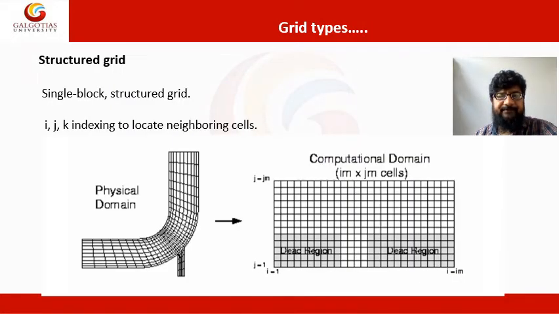Grid types. We may have structured grids which are single block, and the indexing IJK is done to locate the neighboring cells. So a physical domain can be converted into the computational domain, in which it is easy for the solver to solve the problem.